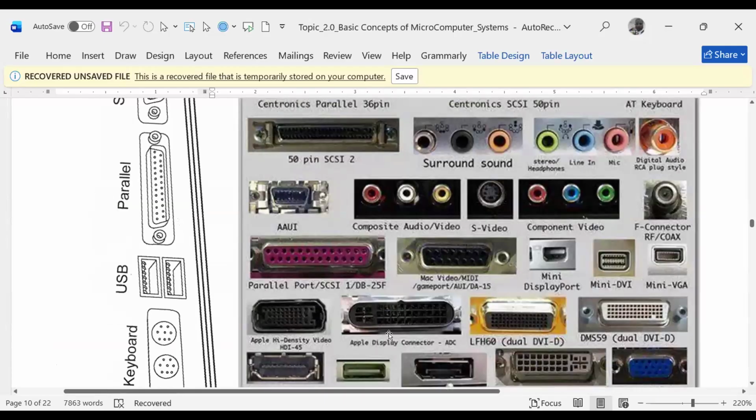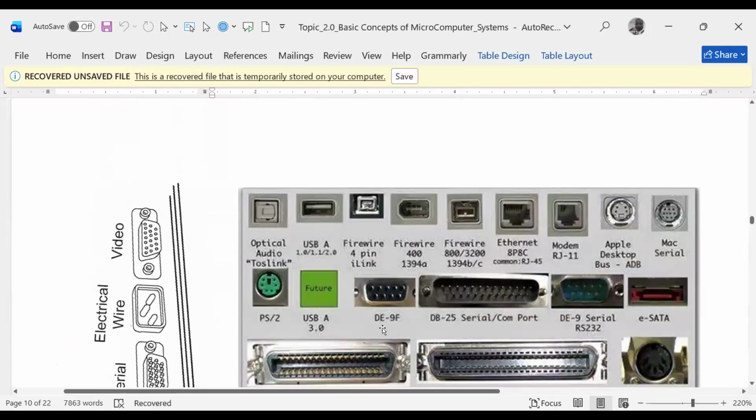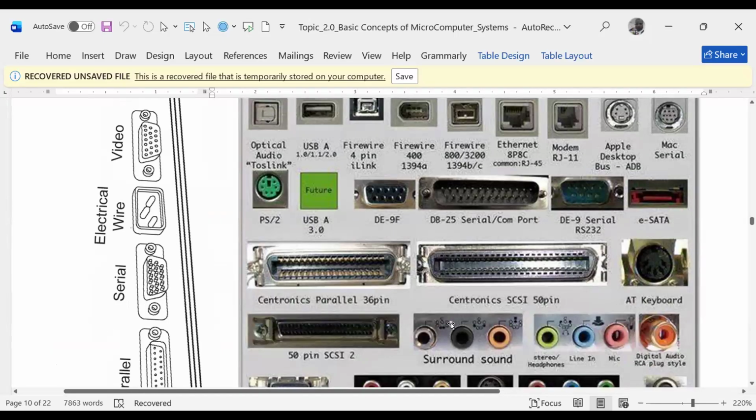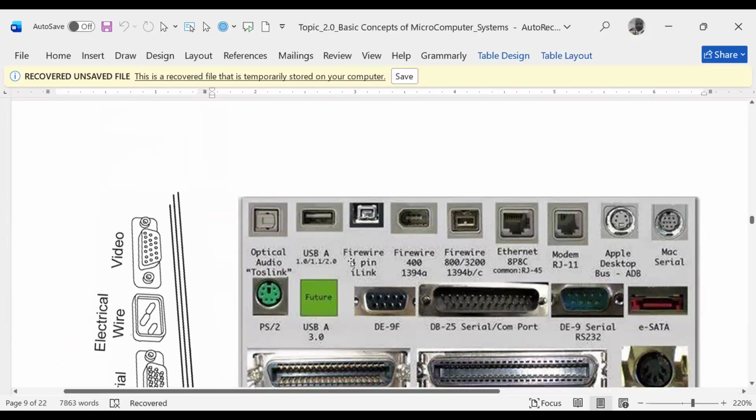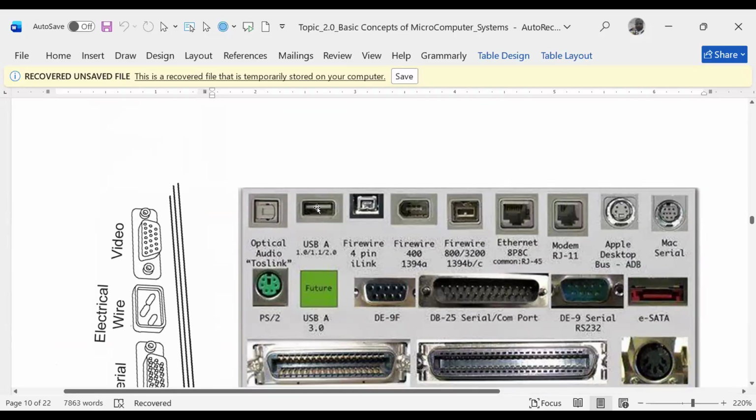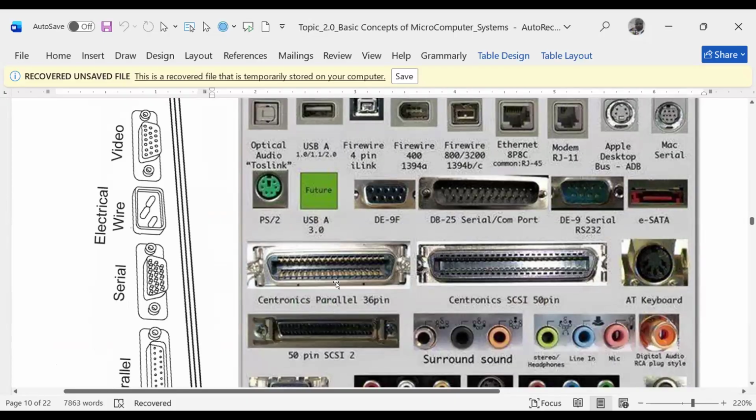And these are the different ports available in your computer system. There are a lot of ports. And here, even without much technical knowledge, you can connect your device by having the correct port accordingly. It's impossible to connect maybe a mouse to this. It's impossible to connect maybe a keyboard to this.